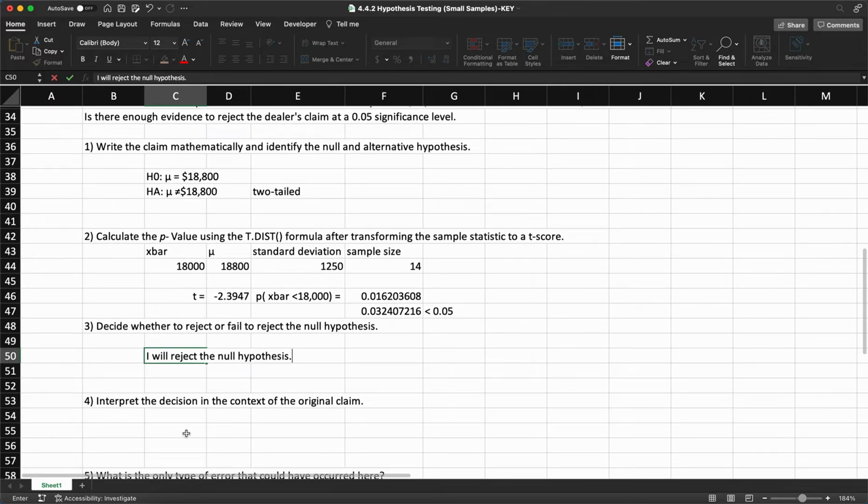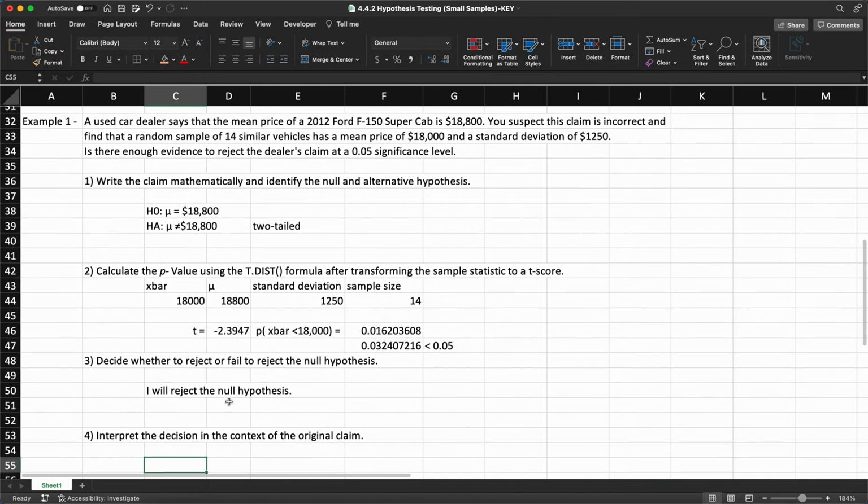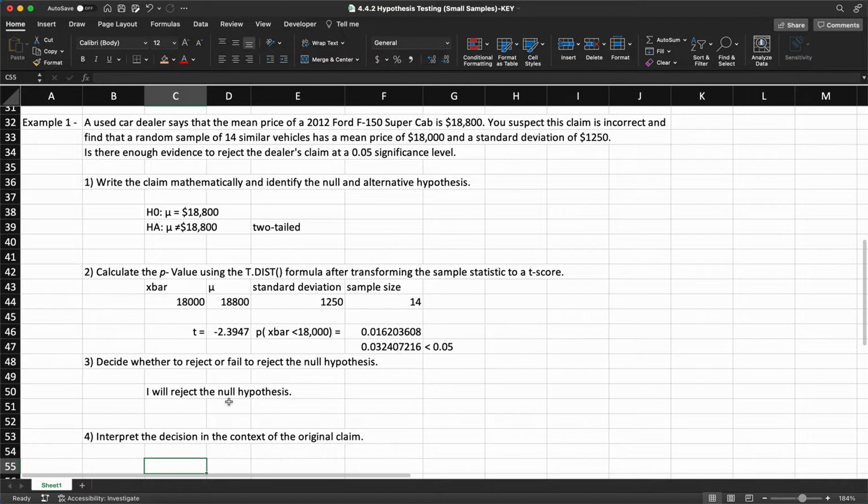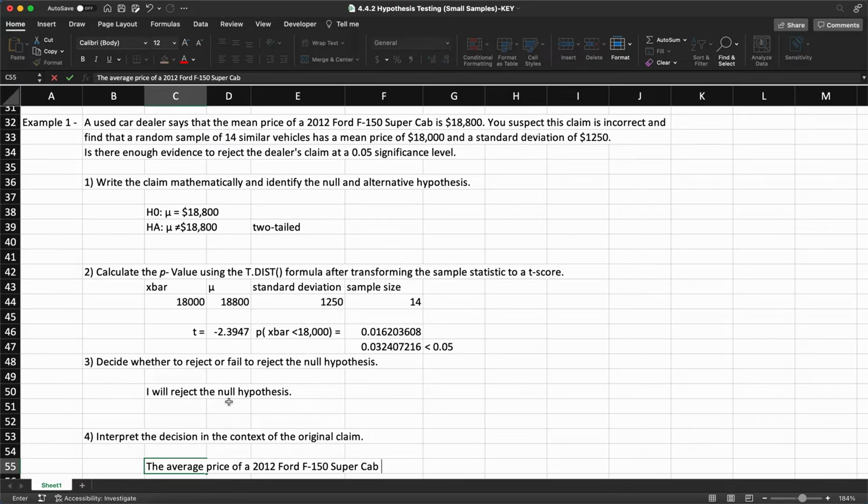Which, what does that mean in the context of the problem? It means that the average price of a 2012 Ford F-150 Super Cab is not $18,800.